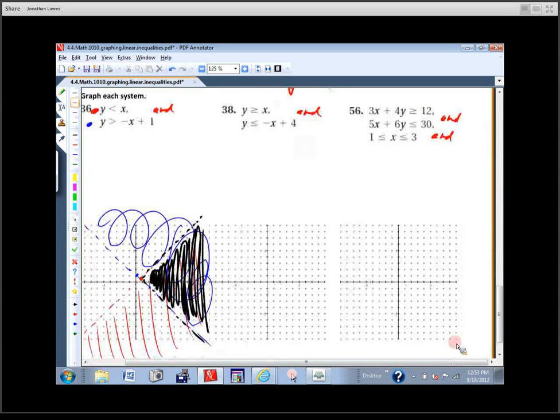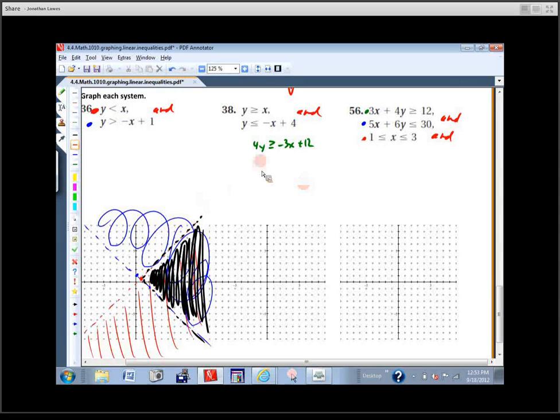Okay, so I'm going to use 3 different colors here. I'm going to use green, blue, and red. Now, these hopefully aren't any problem. I'm going to take the green one and I'm going to solve that. So let's see what we get here. If I do the green one, I'm going to get 4y greater than or equal to negative 3x plus 12.